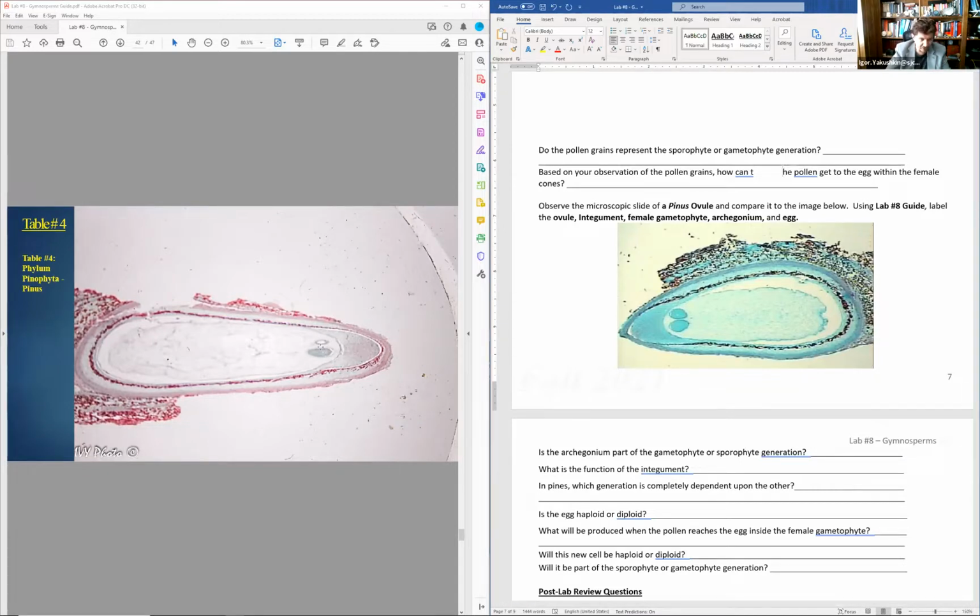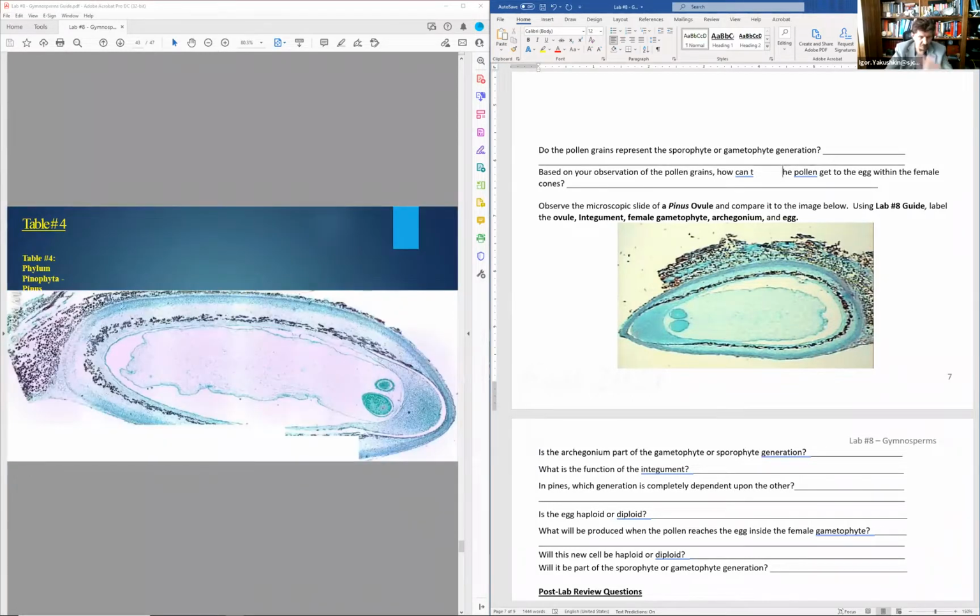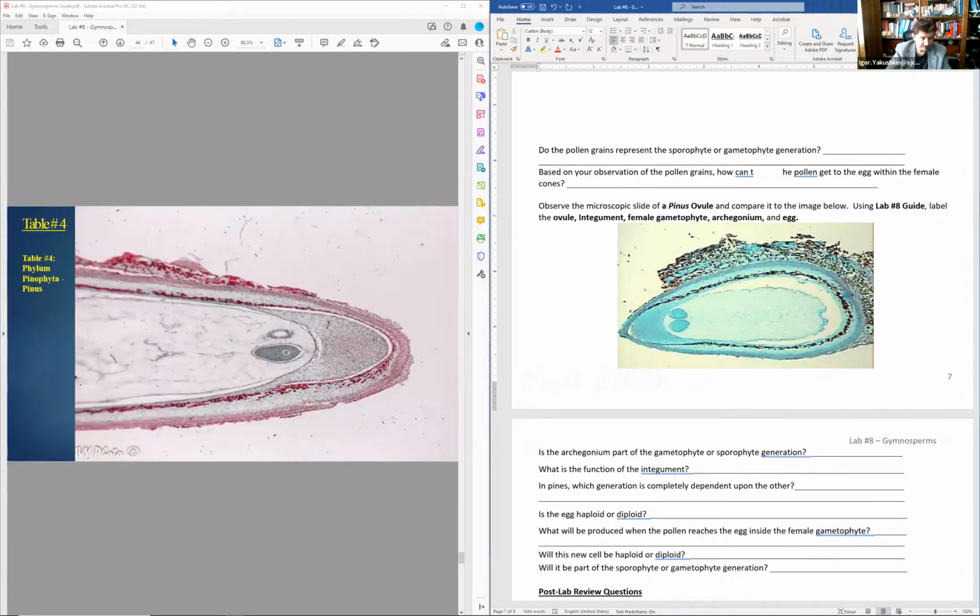Here you're looking at the archegonium, the middle oval structure, and the central part of that, the single cell, is the egg. So again: ovule, integument, female gametophyte, the central part, the archegonium, and the egg.